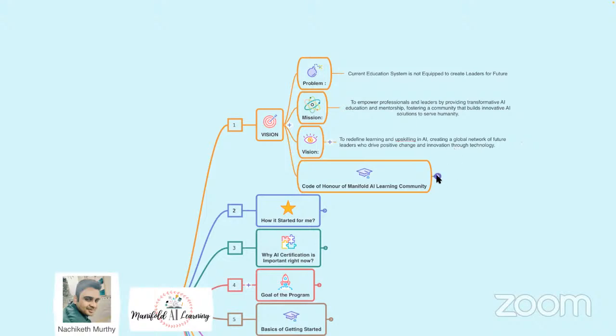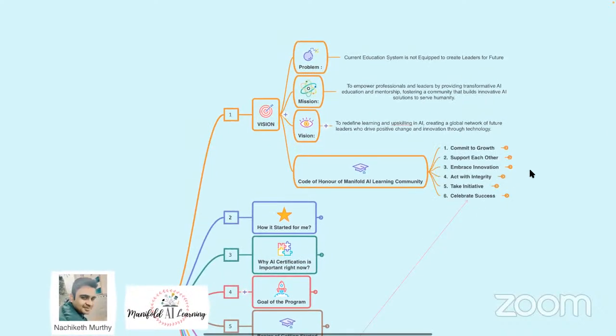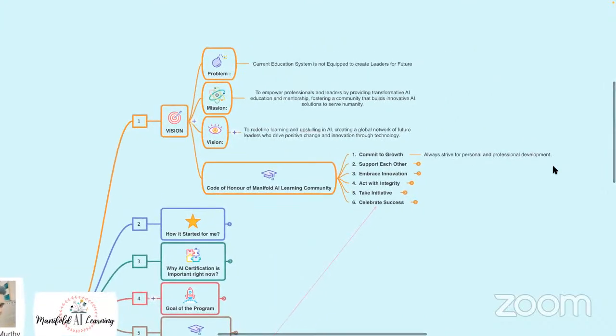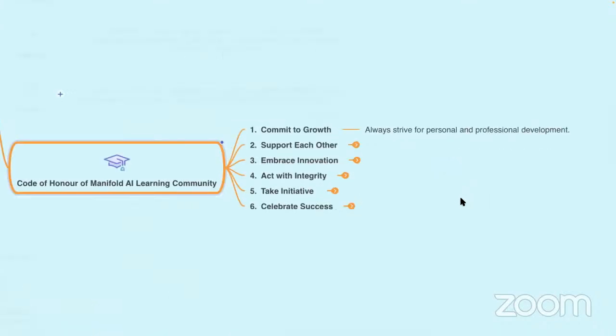Now, what is the code of honor that everyone would follow? I expect each of you to follow a commitment to growth. Learners in the Manifold AI Learning community always strive for personal as well as professional growth.